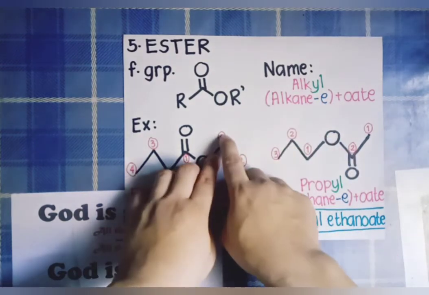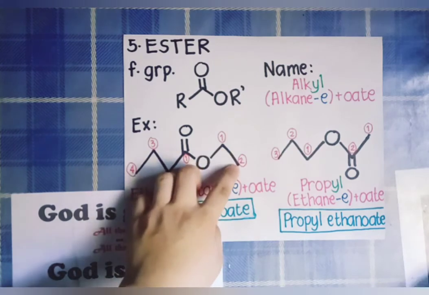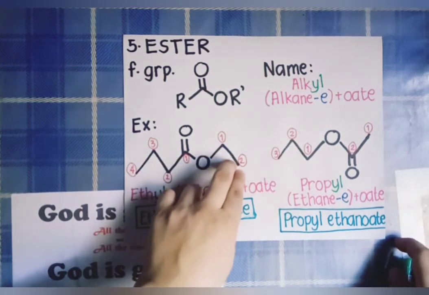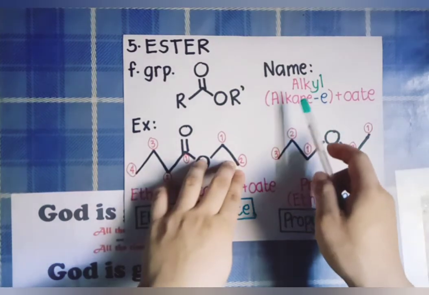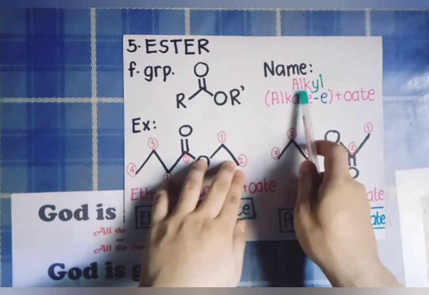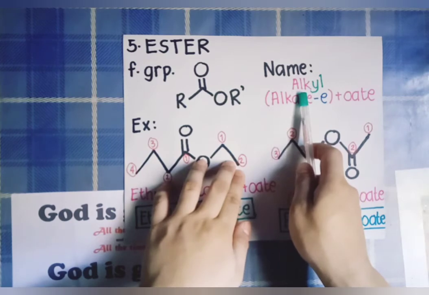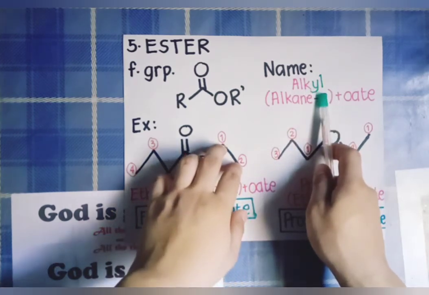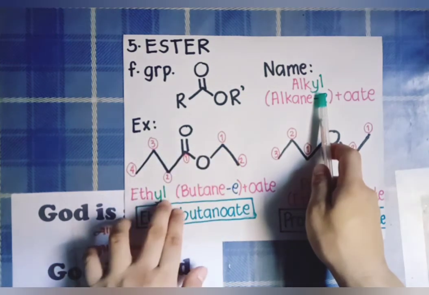It consists of two carbon atoms, and therefore its name should be ethane, right? However, its name will follow only the prefix in ethane, that's eth, plus the suffix -yl. So instead of ethane, this will now be named as ethyl.